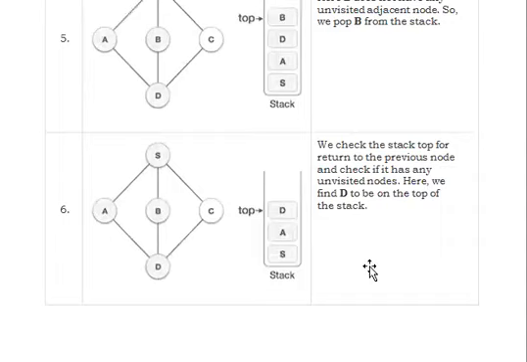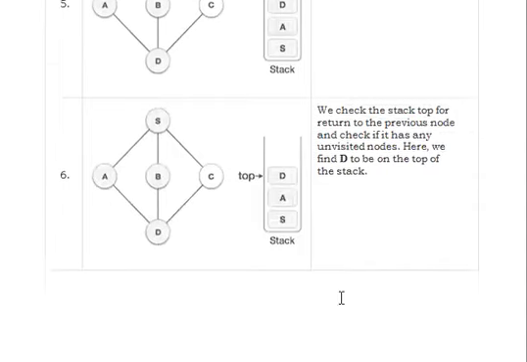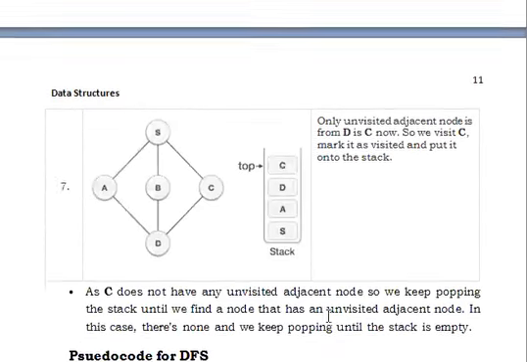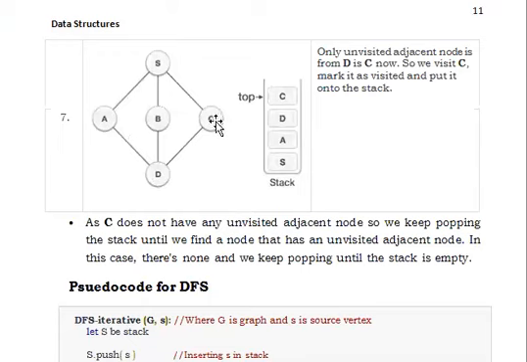We check the unvisited nodes of D, and only C remains. So we put it into the stack and mark it as visited. We keep on popping the stack until the stack is empty.